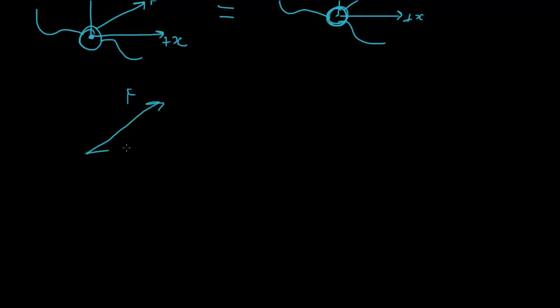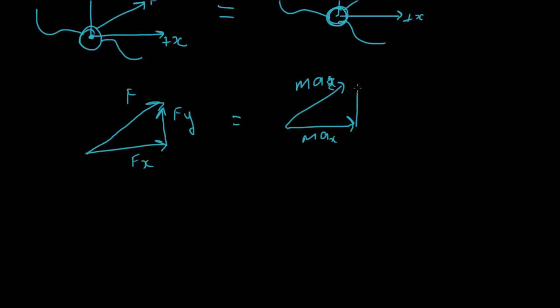We can break it up into the force in the x direction over here, and the force in the y direction, which is the same thing as mass times acceleration in the x-axis, and mass times acceleration in the y-axis. We're just breaking up this vector into two smaller vectors that add up together to give us this one.